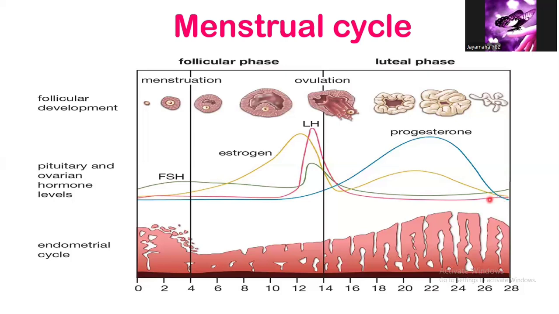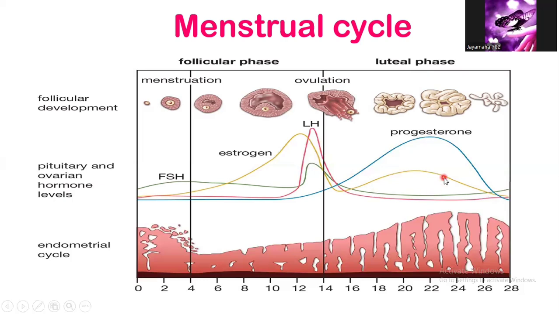Now let's see the hormonal fluctuation. From the greenish line, you can see the follicle stimulating hormone, or FSH. It stimulates our follicle growth. Now the luteinizing hormone, LH, the red line, shows the peak level at ovulation as a result of triggering the release of the egg, or ova.